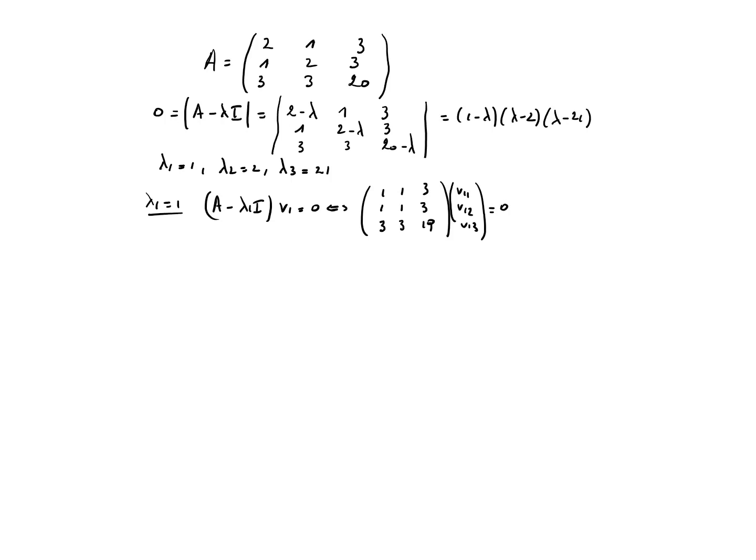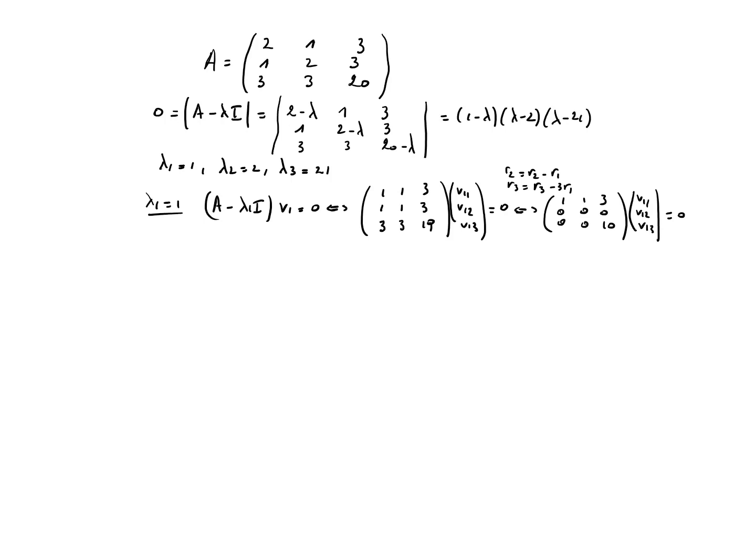Okay, so there are not a lot of zeros here, so what we might do is maybe do row 2 equal to row 2 minus row 1, and row 3 equal to, well, row 3 minus 3 times row 1, and this will lead to the following system over here: 1 1 3, 0 0 0, and here 0 0 10, times v11, v12, v13 is equal to 0.